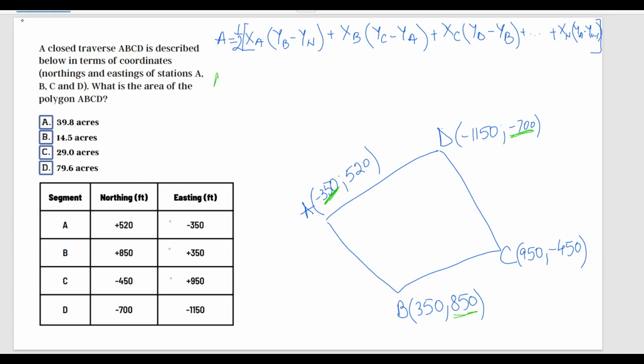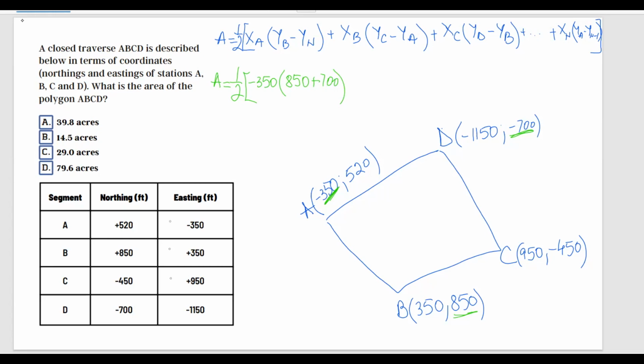So we're going to have the area is equal to 1/2 multiplied by XA, which is minus 350, multiplied by YB, 850, minus YN, which is in our case minus 700, so plus 700.